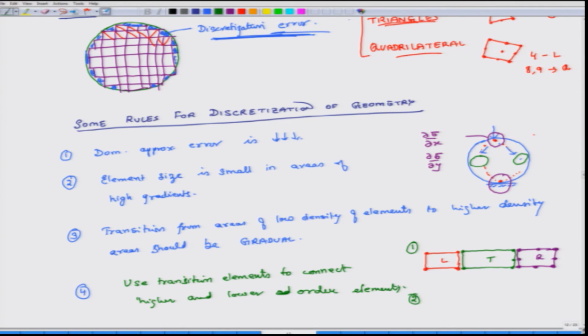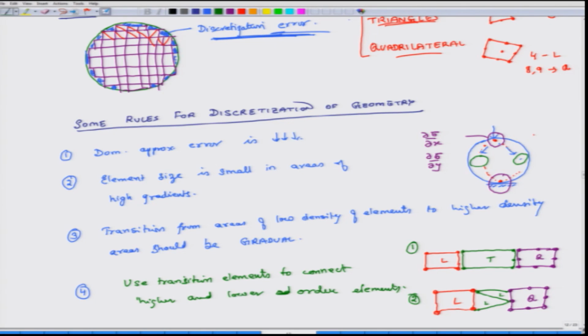The other option could be, I still have linear elements here, and here I have quadratic, and then, without using any fancy transition elements, I can still connect them with linear triangles.